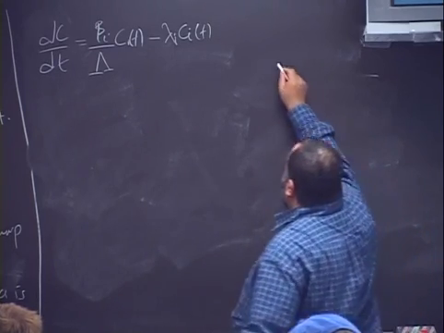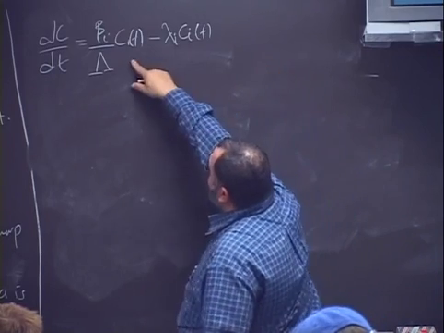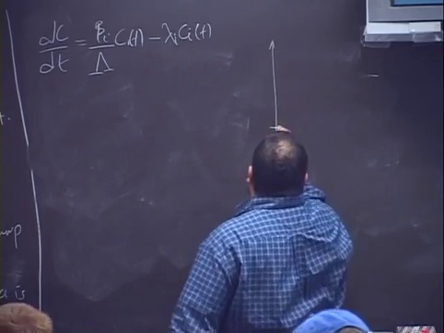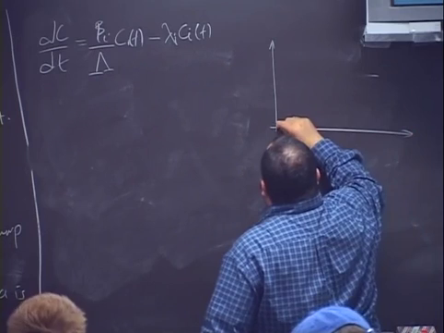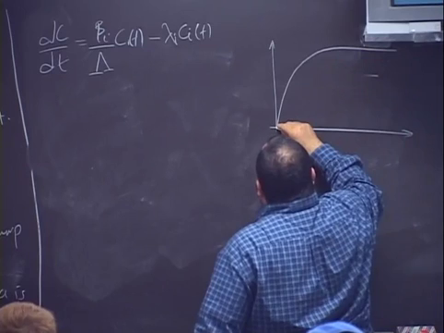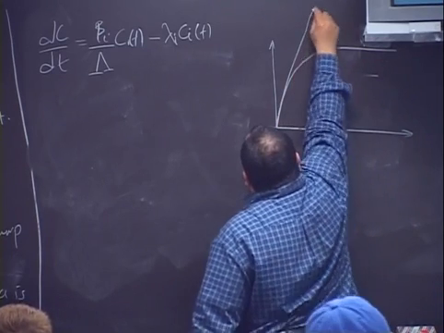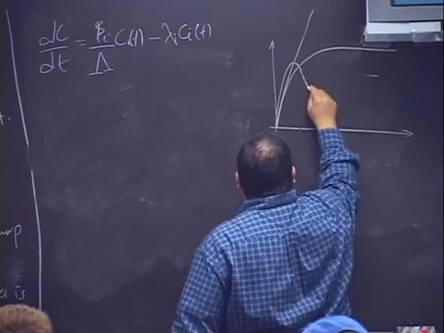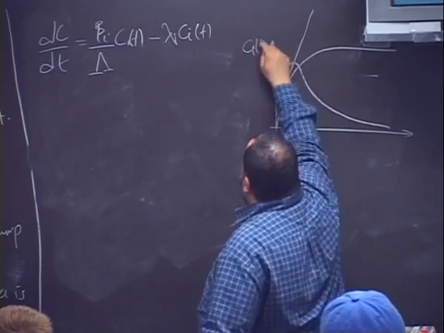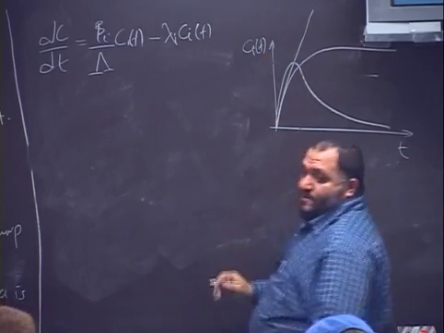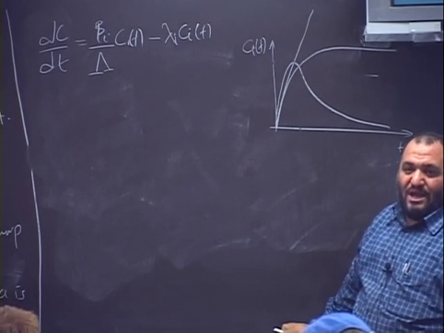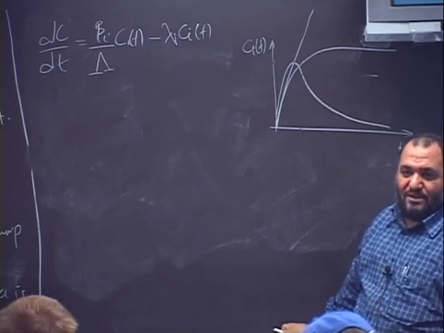How do we get the equilibrium position? What does equilibrium mean? If you have a production and a decay, you will have something like this, or something like this, or something like this, for Ci of t with respect to t. It depends on how fast or slow the decay is with respect to your production.